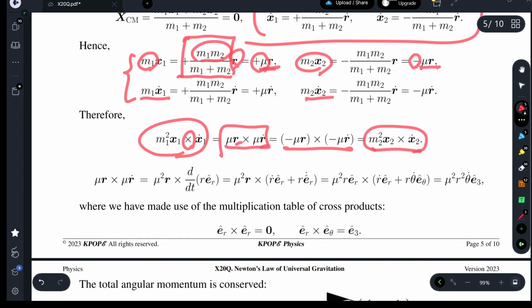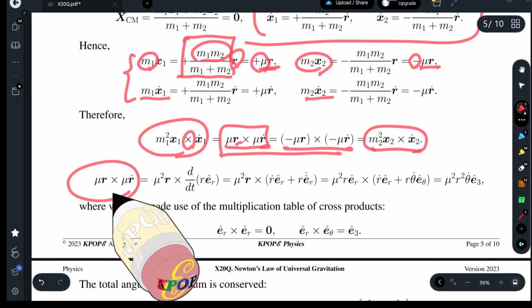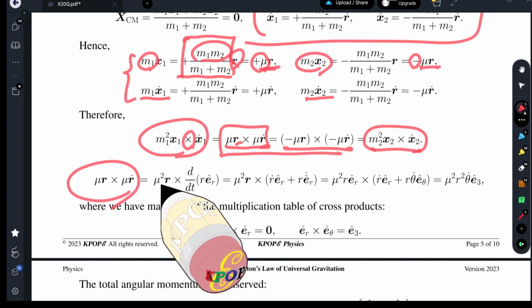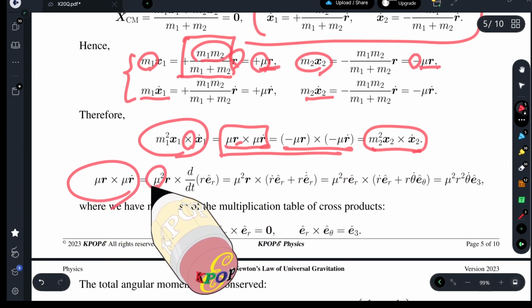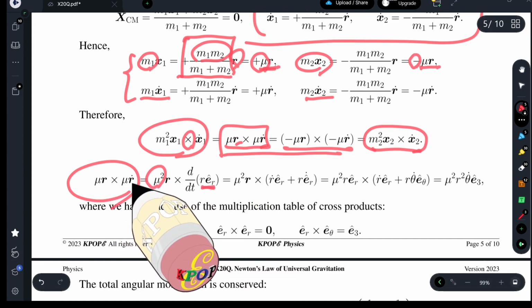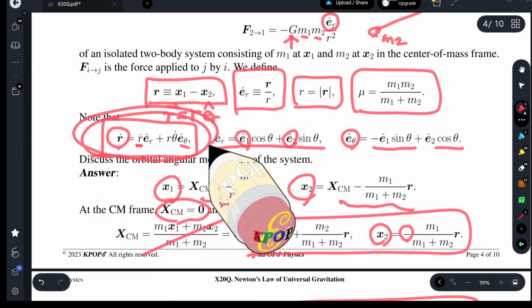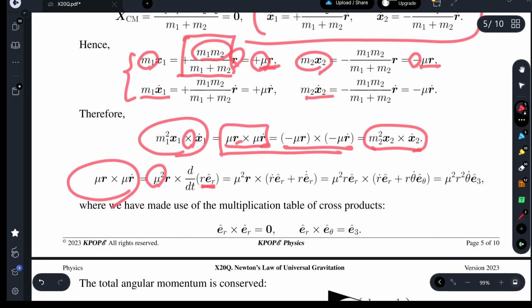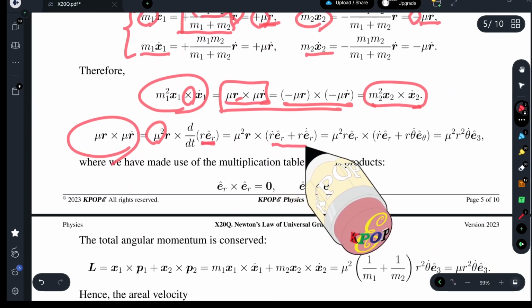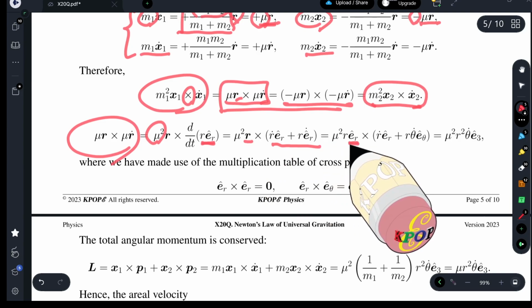All right, so we use this, and this is mu squared, and the time derivative appears in here and the relative coordinate vector, and we copy the result for the velocity of the relative coordinate vector, and we find this, and this is proportional to the radial direction.